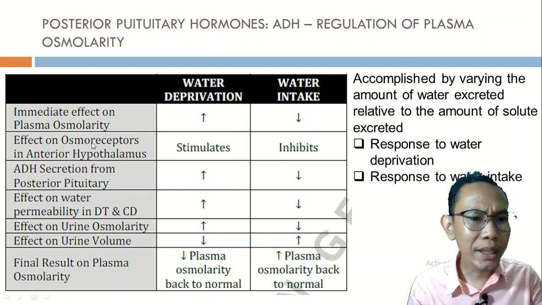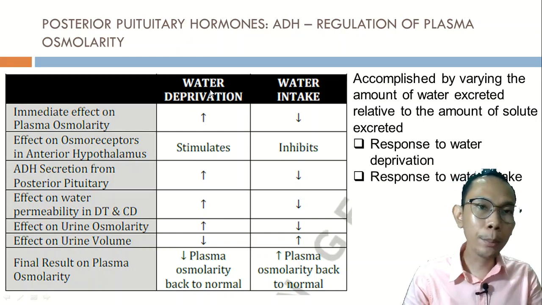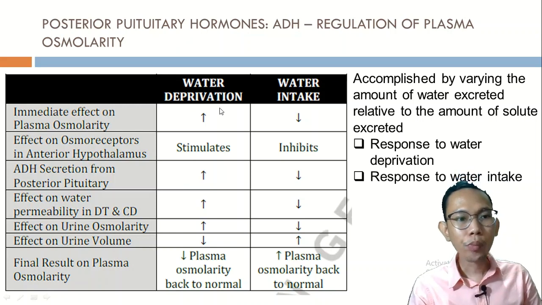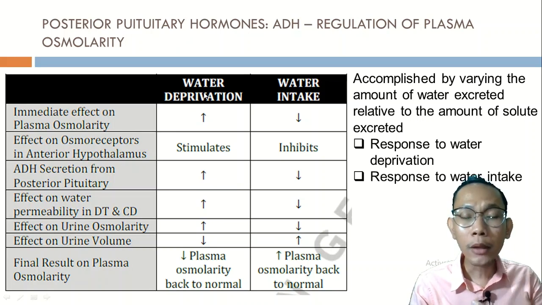So, Doc, what will be the effect on the osmoreceptors in the anterior hypothalamus in water deprivation, stimulate or inhibit? I am not drinking water, so do I need water in my body? Of course, I need water because it is too salty. How can I conserve water? It is through the release of antidiuretic hormone.